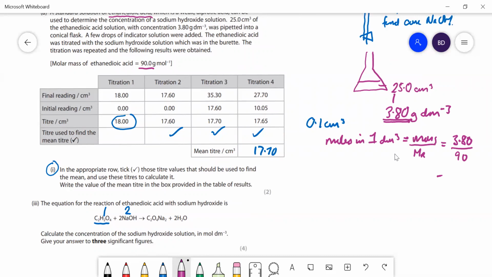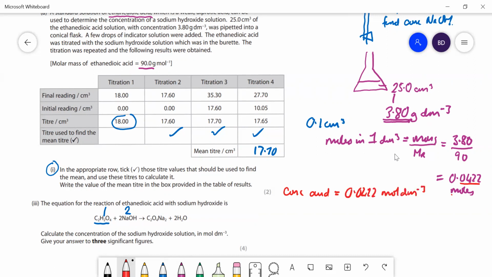So that is equal to 0.0422, and that's moles. So therefore the concentration of our ethane dioic acid solution is 0.0422 mole per dm cubed.